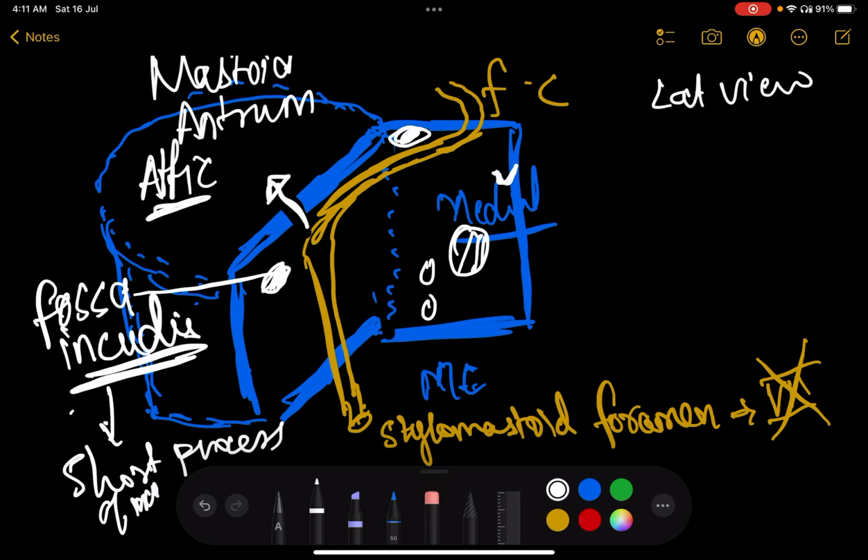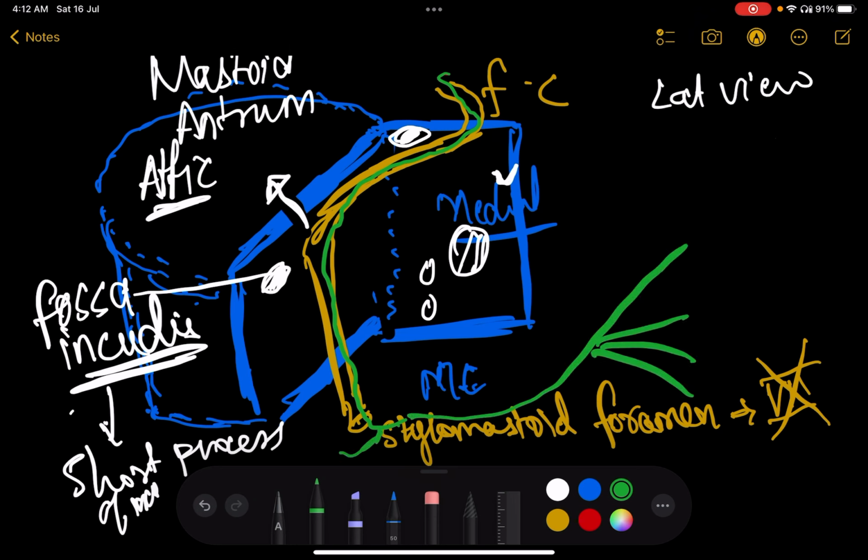Now, the fossa incudis is very close to a very important canal. So again, I'm going to go yellow when it comes to the canal. Very important to understand is that there's a nerve out here, right? There's a beautiful nerve out here. What is the nerve? It's the facial nerve. Now, the facial nerve, before it goes out into the parotid and gives the five branches, gives off a very beautiful nerve called the chorda tympani.